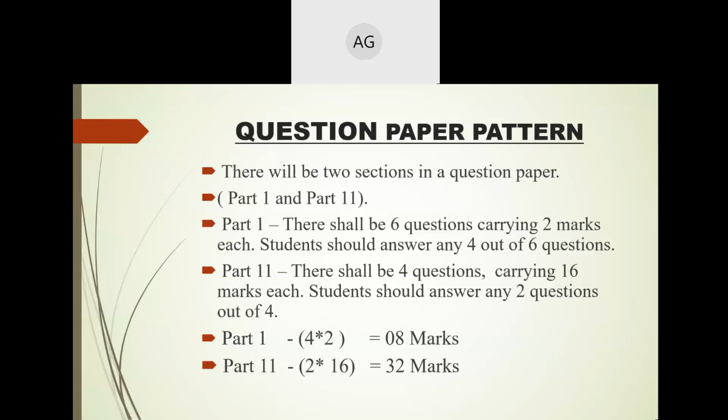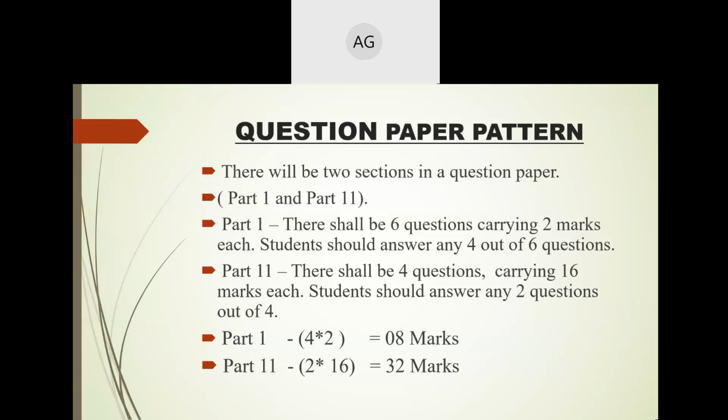In part 2, there will be 4 questions, but those 4 questions will carry 16 marks each. But you have to answer only 2 questions out of 4. Please understand, once more I will repeat.